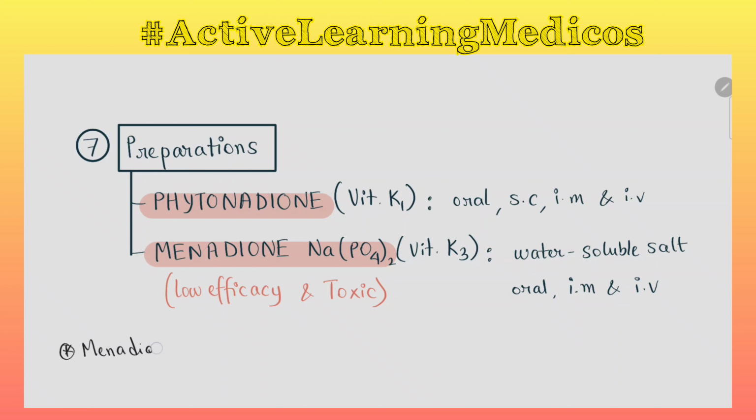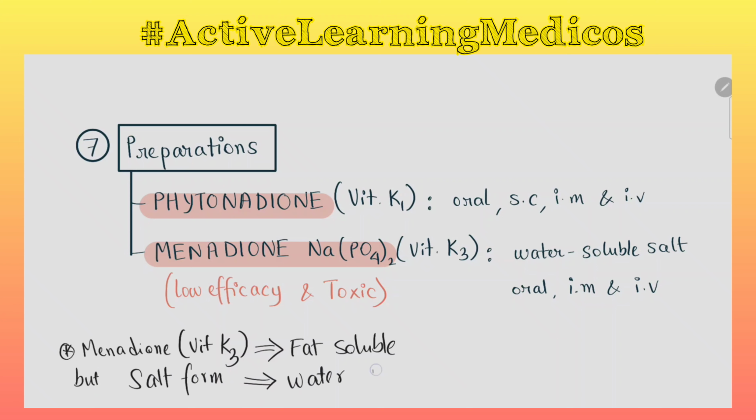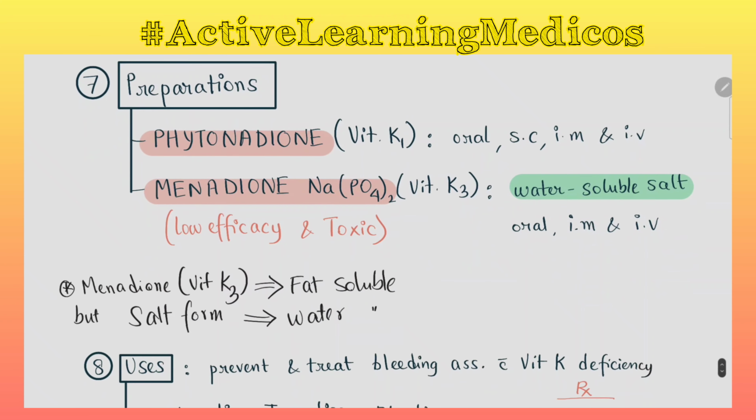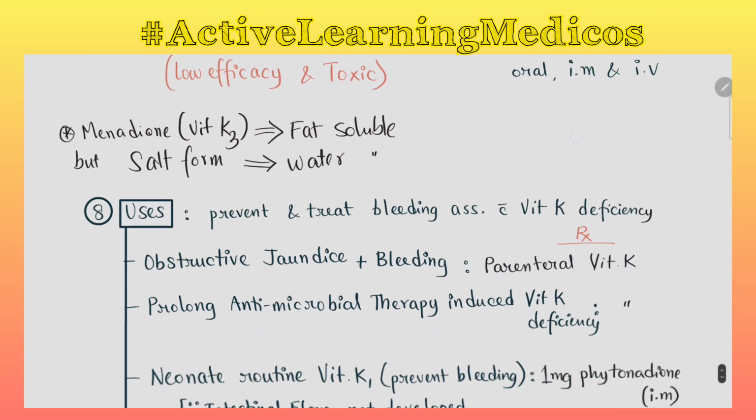Menadione, vitamin K3, is fat soluble, but the salt form is water soluble. So water soluble salt, it is available in oral, intramuscular and intravenous forms. Menadione sodium diphosphate is not usually used because of its low efficacy and toxicity. So phytonadione, vitamin K1, is mainly used.